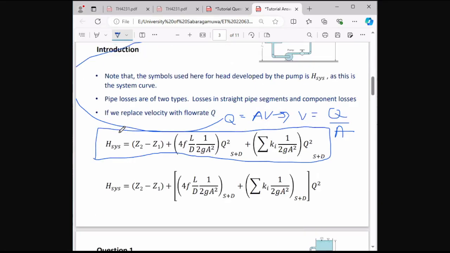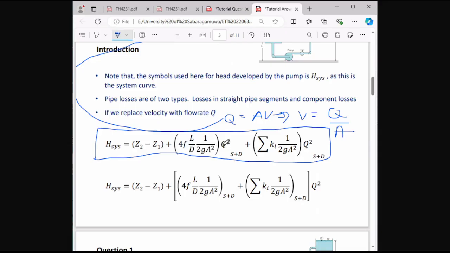Total system head equals Z2 minus Z1 plus F L divided by D, where F means friction coefficient, divided by 2G, Q squared divided by A squared.